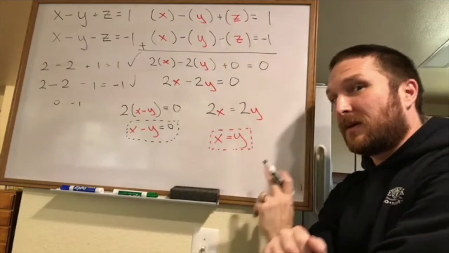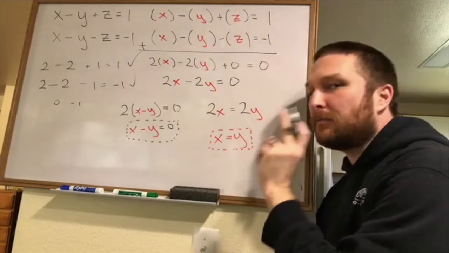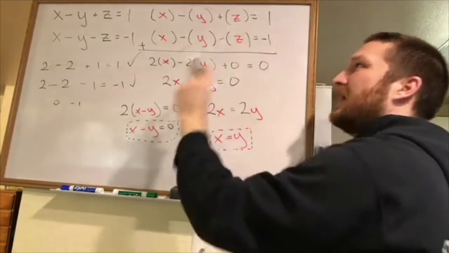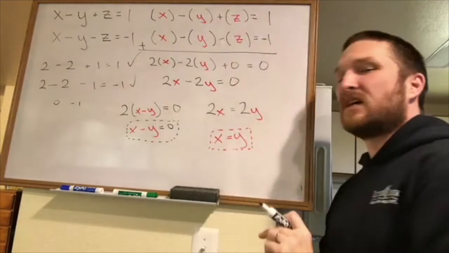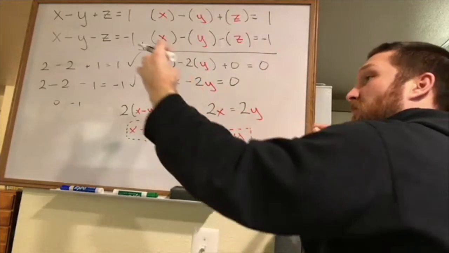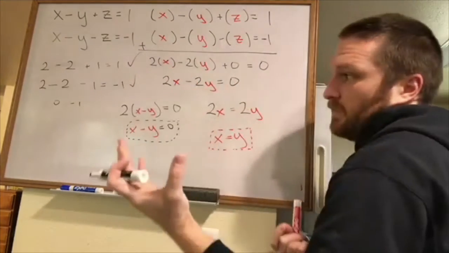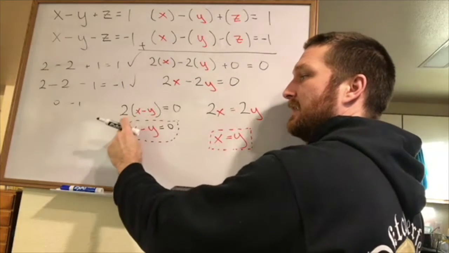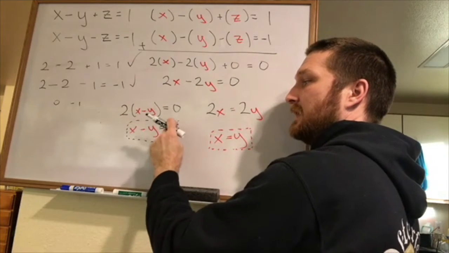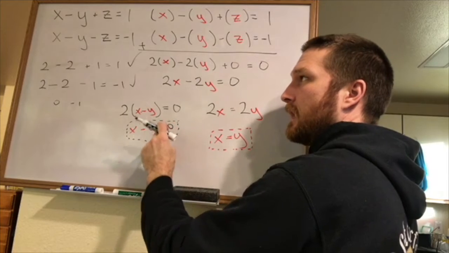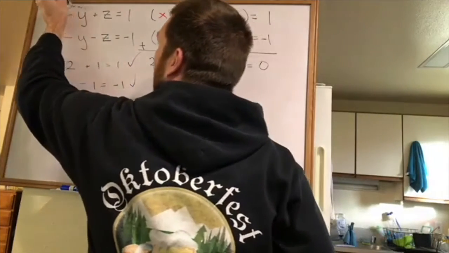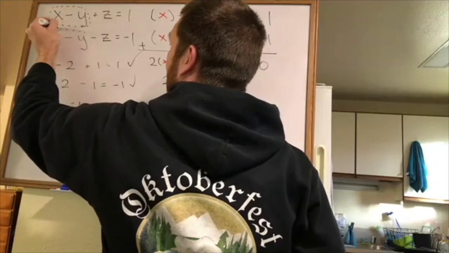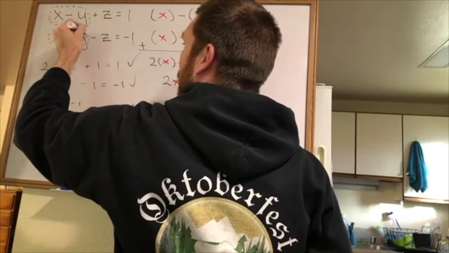Remember what I did, this is not just one point. We said this special x, this special y, and this special z could be any point that's on that line. Therefore, in every single case, it must be the case that x minus y is equal to 0. And so, well, then that value has to equal 0. And that value has to equal 0.